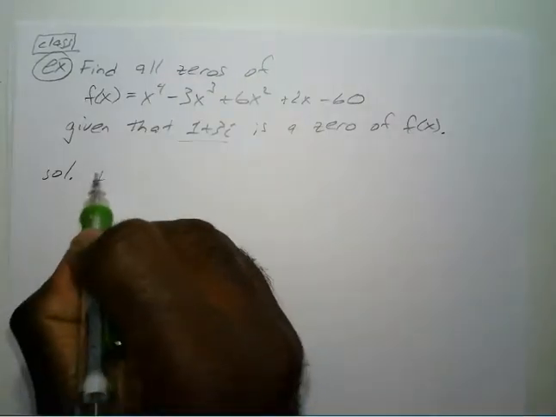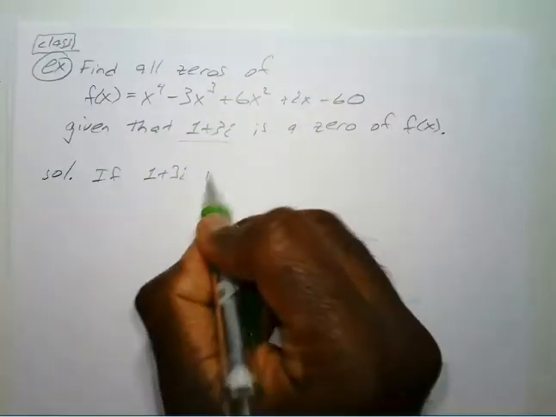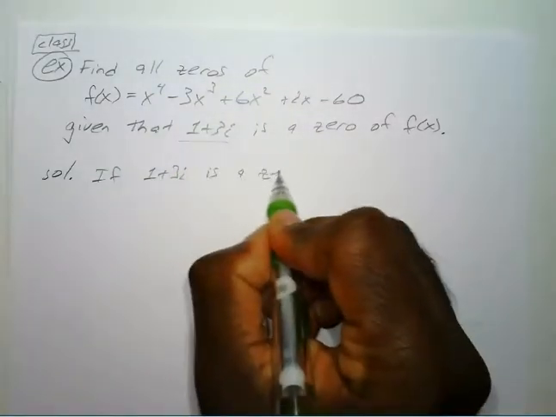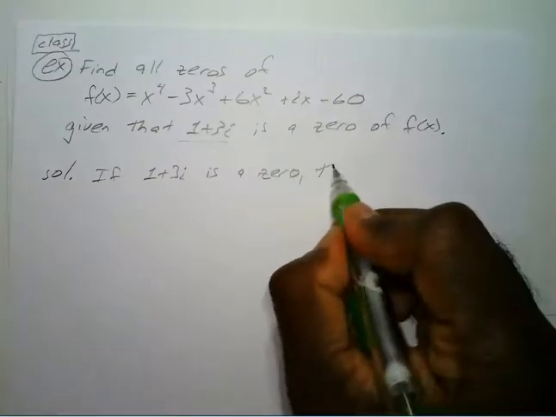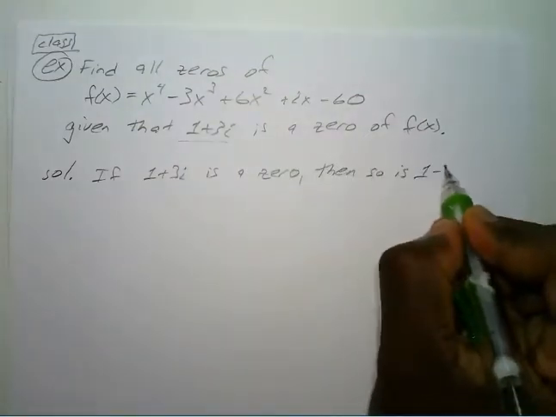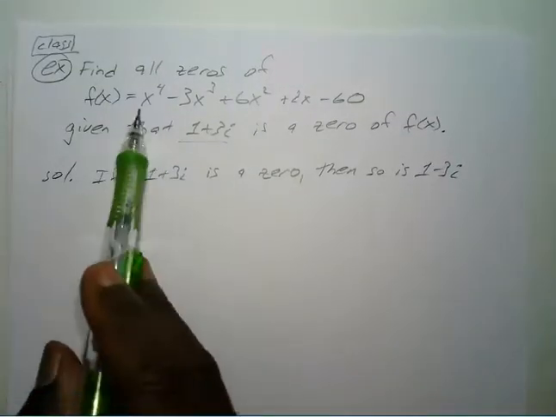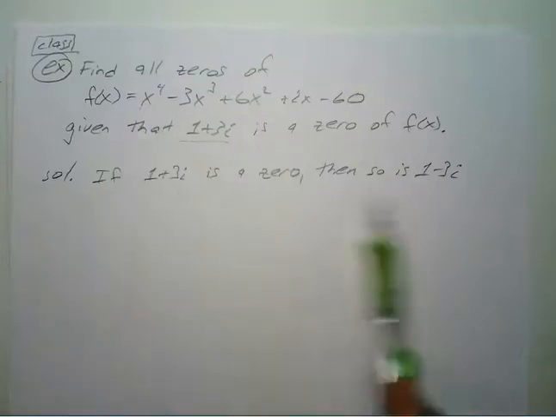Okay, so we know that if 1 plus 3i is a zero, then so is 1 minus 3i. Okay, so we're part of the way there. It's a fourth degree polynomial, so we have two of our zeros already.